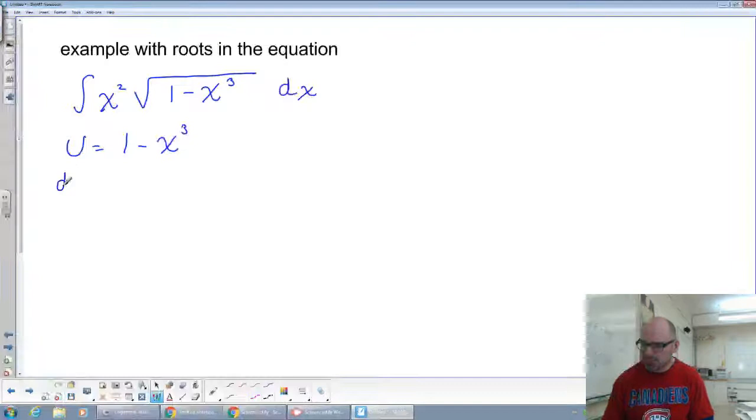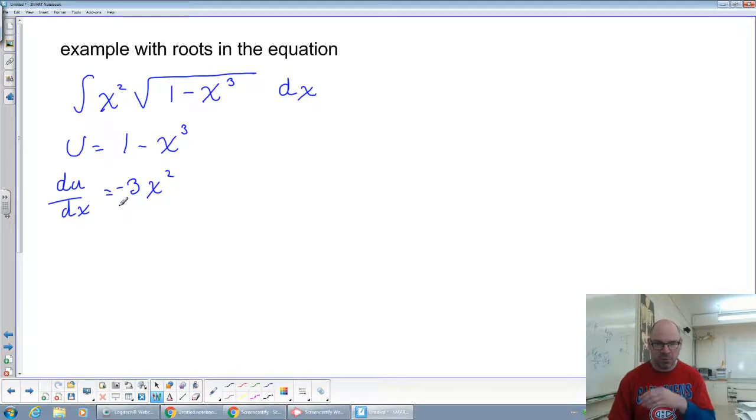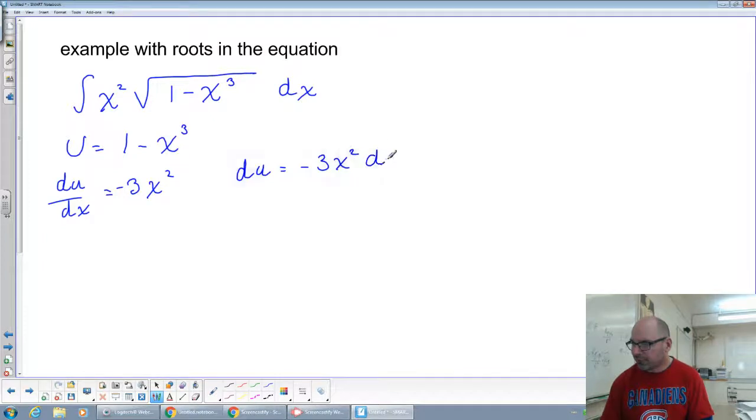So du dx, okay, the derivative, is going to be negative 3x squared, pardon me. Right, because that's 0 minus 3x squared. Okay, that's du dx. Now, if we want to write that in terms of du only, du equals negative 3x squared dx.